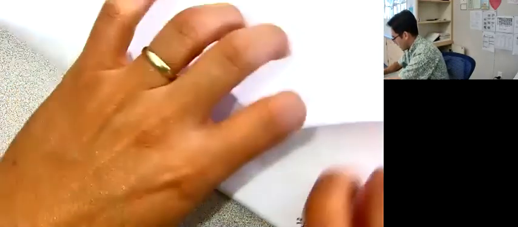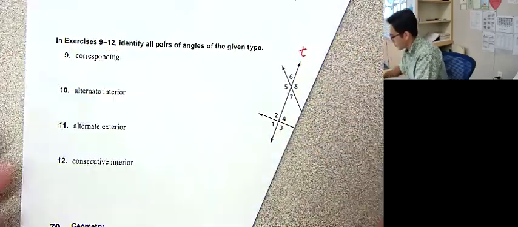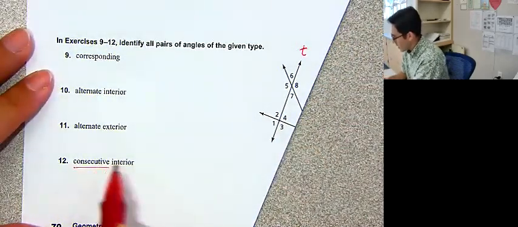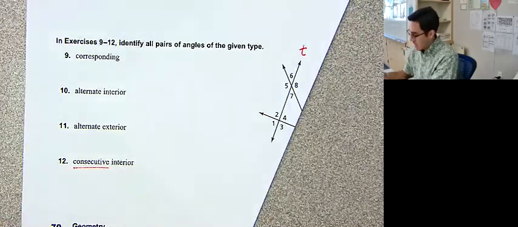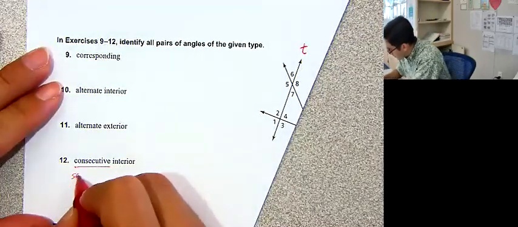Finally, we're going to take a look at consecutive interior angles. Label the transversal. In this case, consecutive means same side of the transversal.